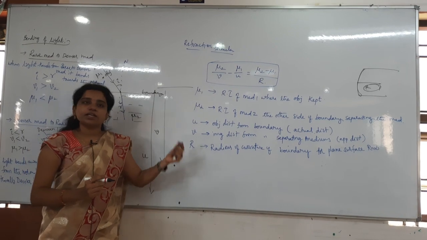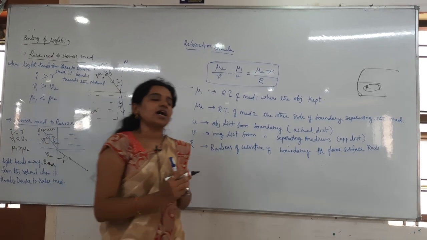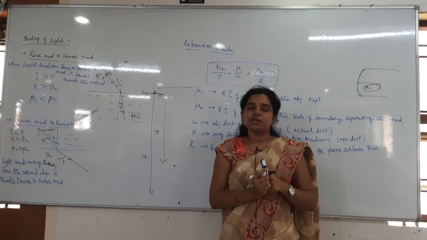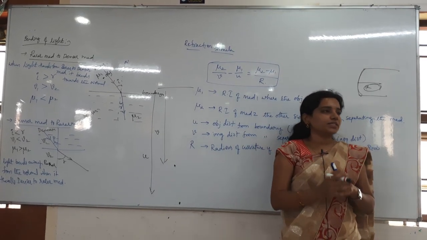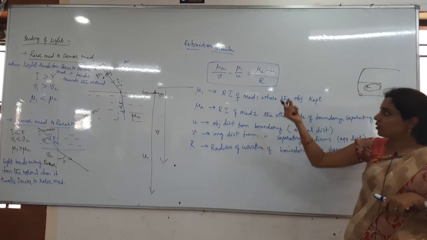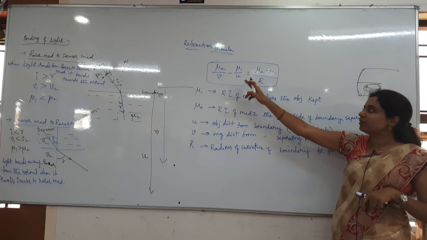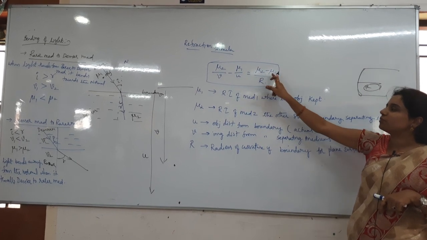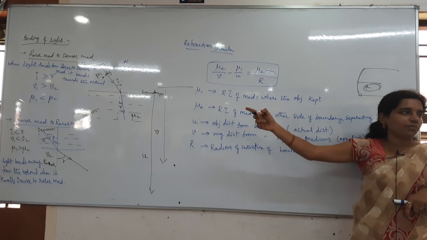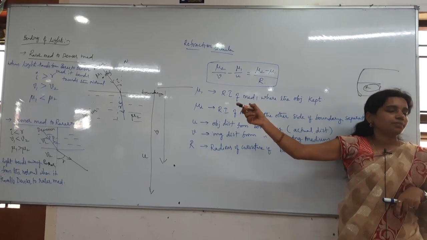Clear? So here u is nothing but the object distance, otherwise the actual depth of the object. Next, v is nothing but the image distance, that is the apparent depth. That is all about the nomenclature of this formula, mu2 by v minus mu1 by u equals mu2 minus mu1 by r. Now, which boundaries are we using here, plane or curved? Plane surfaces only.